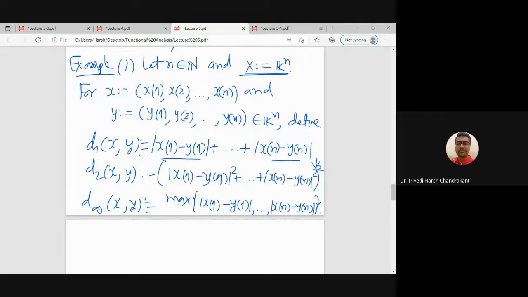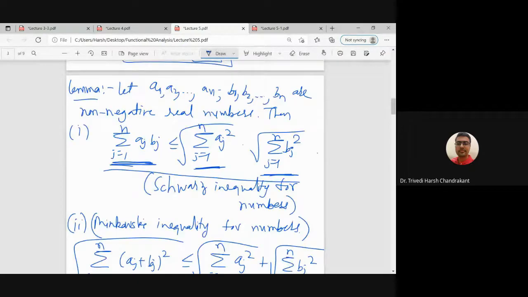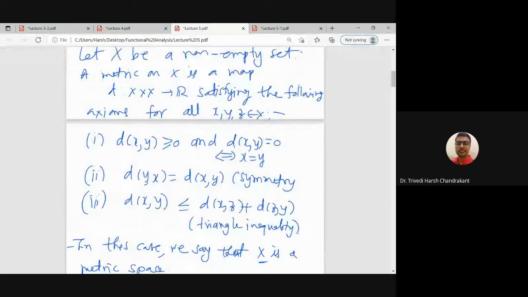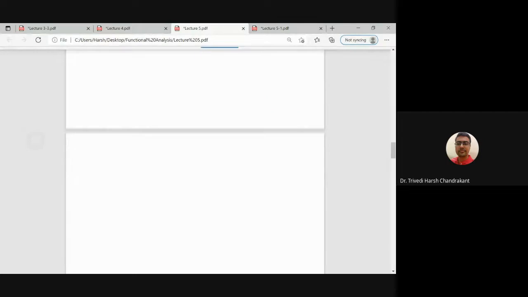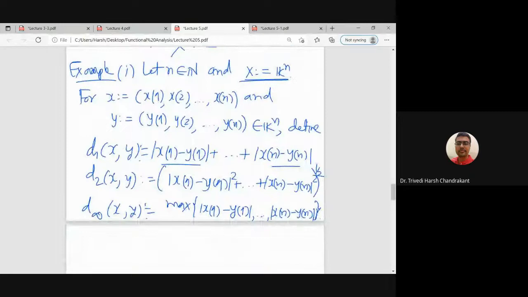Basically it is very clear that each function is non-negative, right? So what are the properties of a metric? Let us go back once again. First property, it should be non-negative. It is 0 if and only if the vectors are the same. d of yx is d of xy, and the third one is the triangle inequality. It is very clear that this is non-negative. If it is 0, then each term is 0 because each term is non-negative.